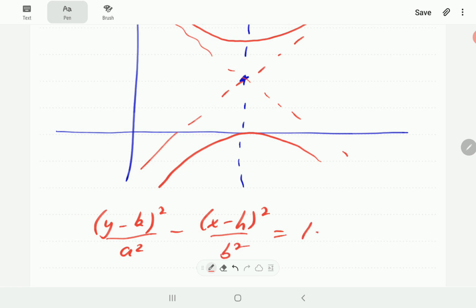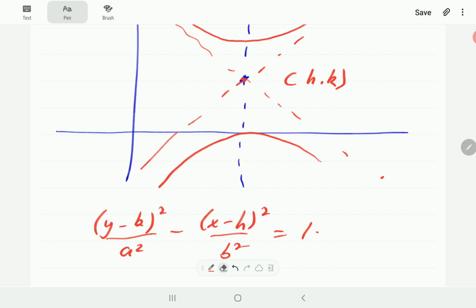Notice the a squared, like we said, is always dividing the positive term. So that's the case where the center is at (h, k).